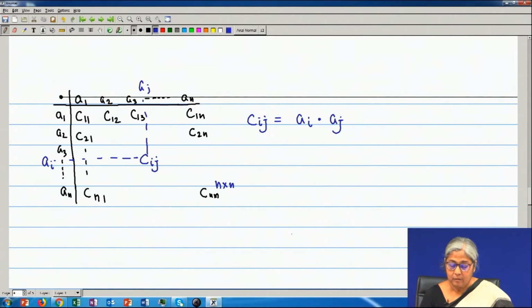Now, we identify some properties. Since it is a group, each element has an inverse. Okay.